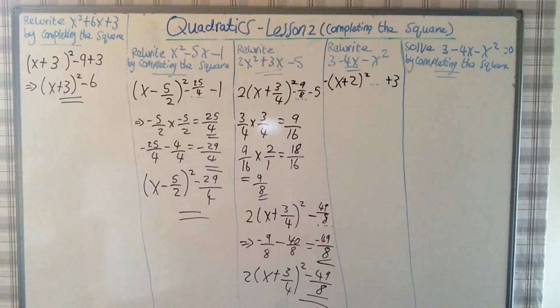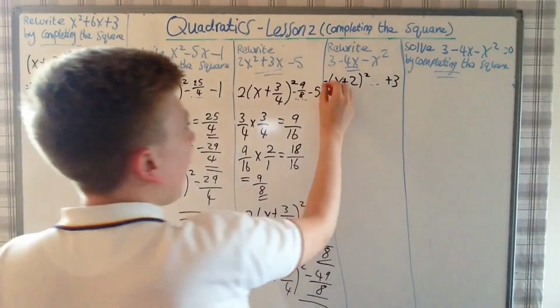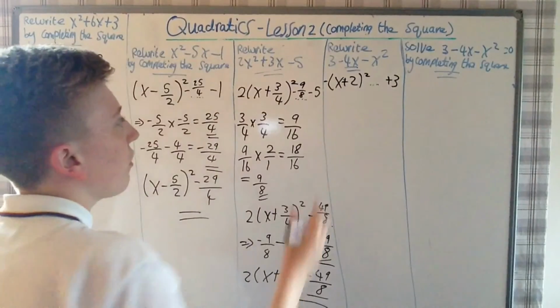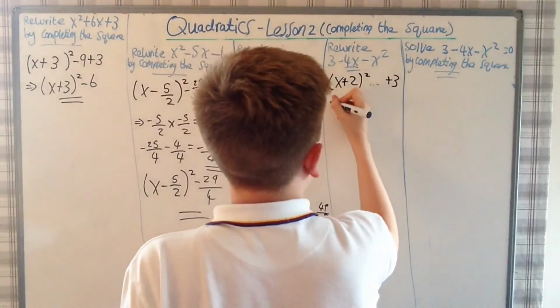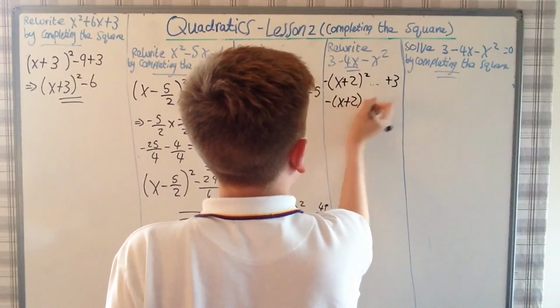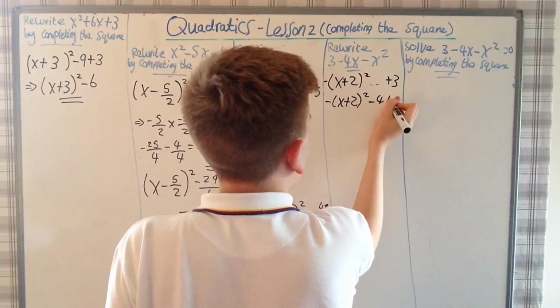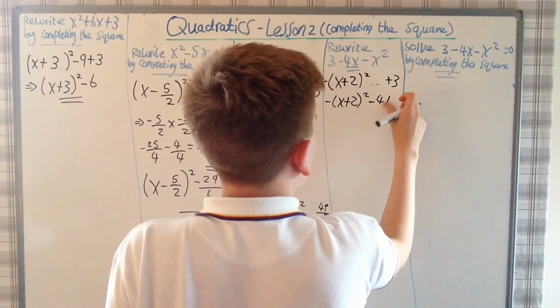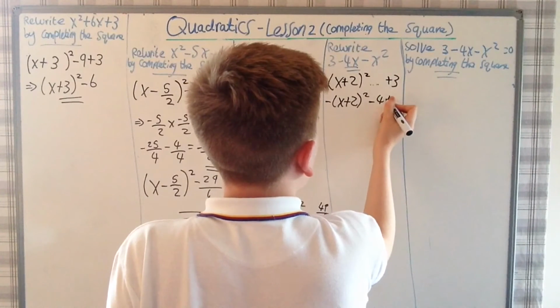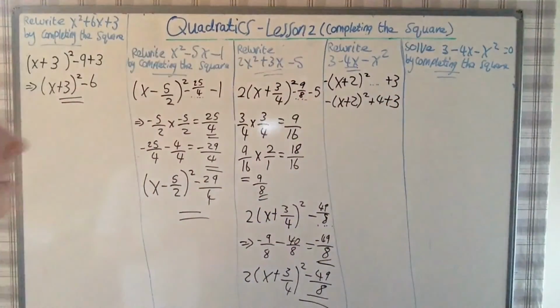However, we're actually going to get minus 4, because although 2 multiplied by 2 would give us positive 4, we have a negative outside the brackets, so it's going to become a negative 4. So we're going to get plus 4 plus 3. Okay?